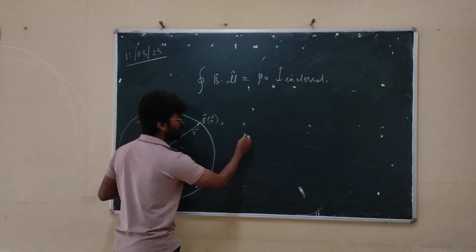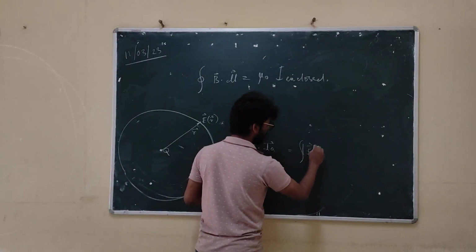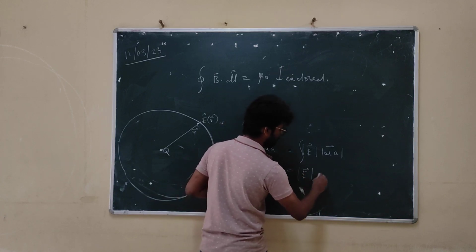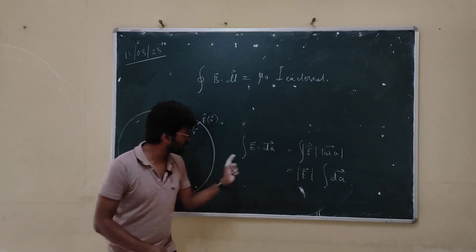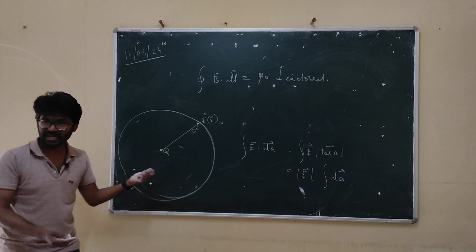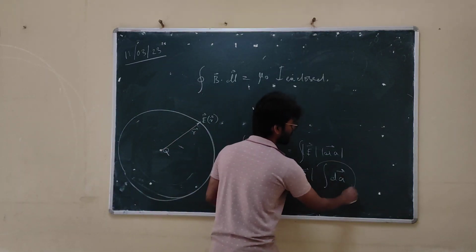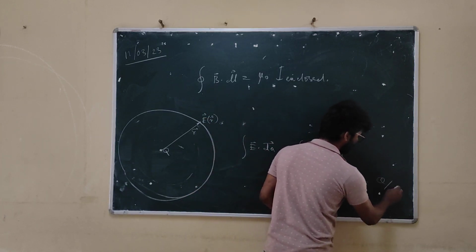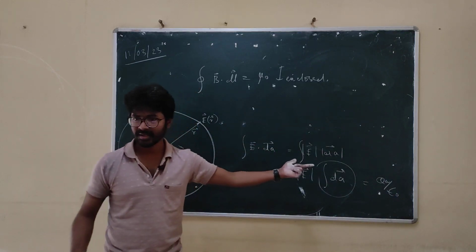That means if you did E dot dA, you could just take the magnitude of E outside, because on the whole surface that you are integrating, E is constant. Then integration of dA is of course simple, the surface area. And that was equal to Q enclosed over epsilon naught. Nice, and you get E.